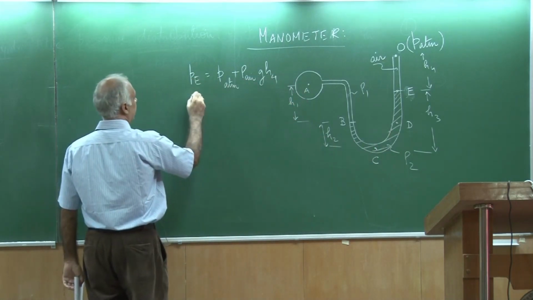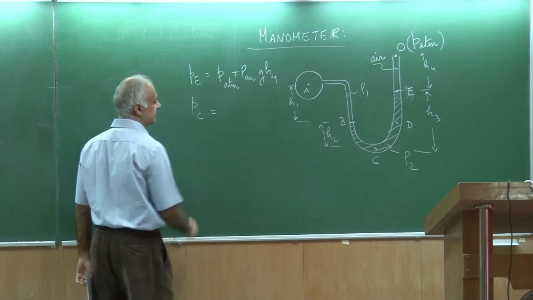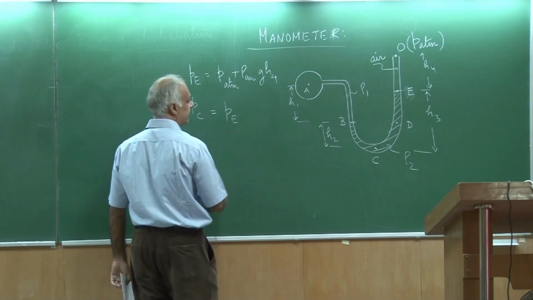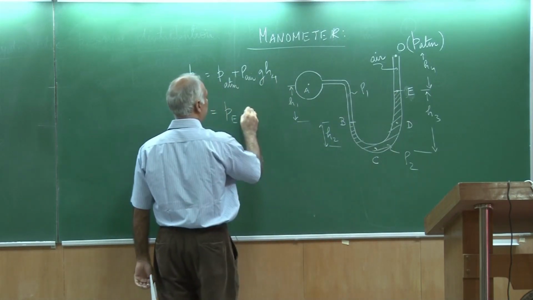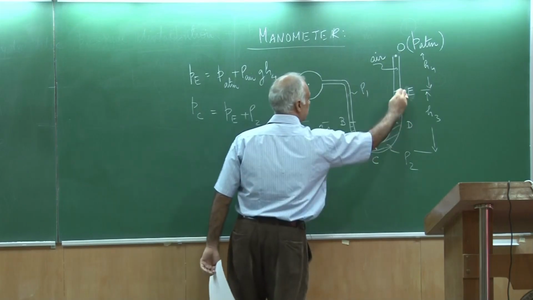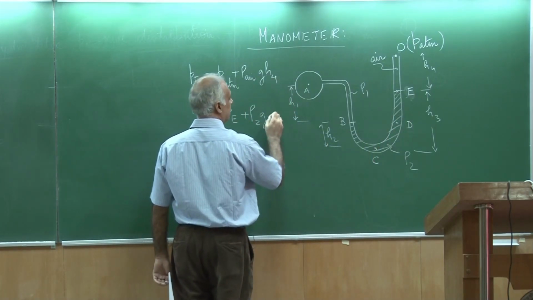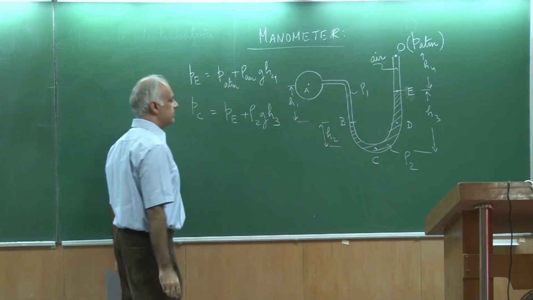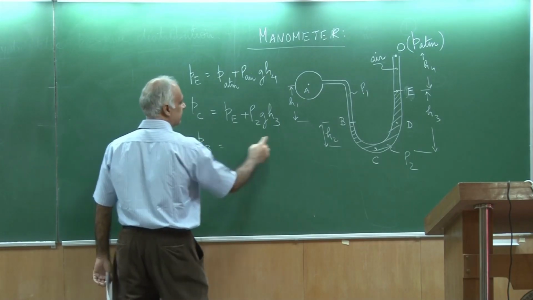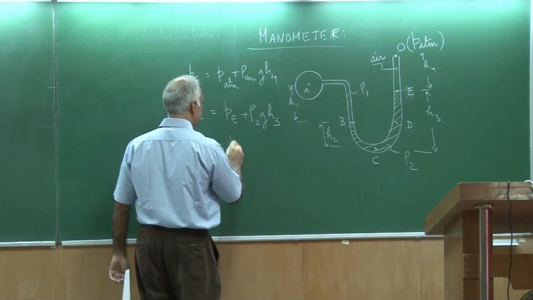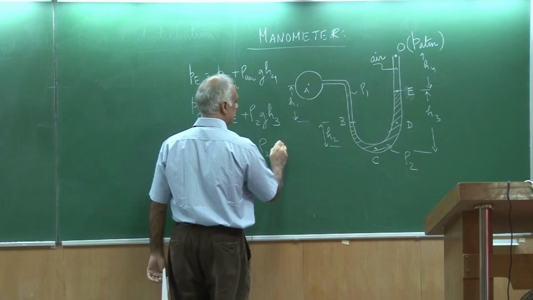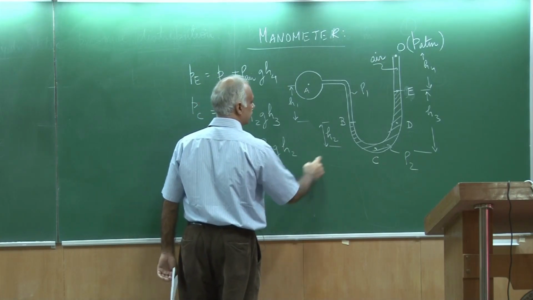Okay. I can also write down what is the pressure at point C. The pressure at point C could be written in terms of pressure at point E, this one, plus rho 2, this fluid is 2, times G times H3. I can write down the pressure at B, this point, as the pressure at point C minus rho 2 G H2.